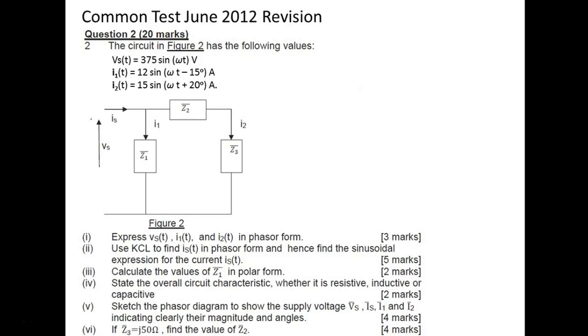Finally, we want to determine whether it is a capacitive, resistive or inductive circuit, and we want to draw the phasor diagram and so on and so forth. So how do we go about answering these types of questions?